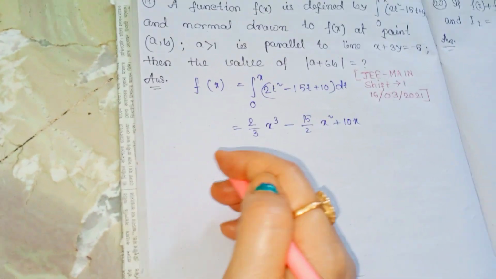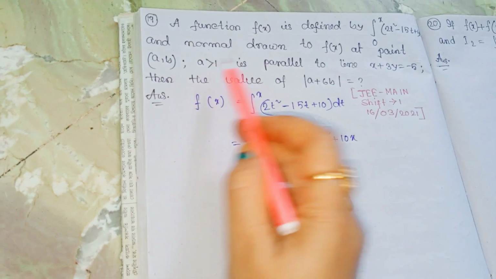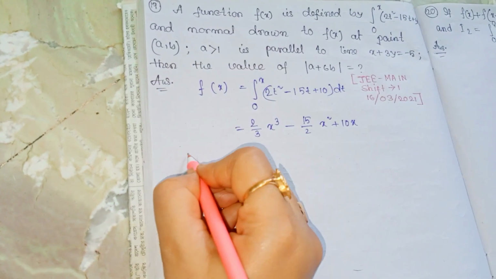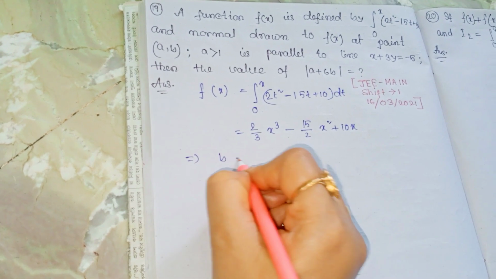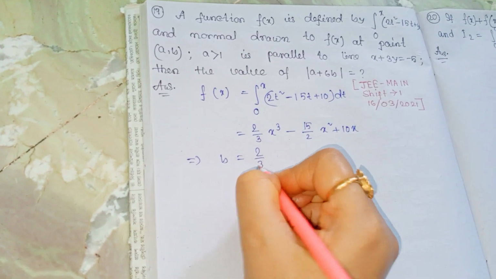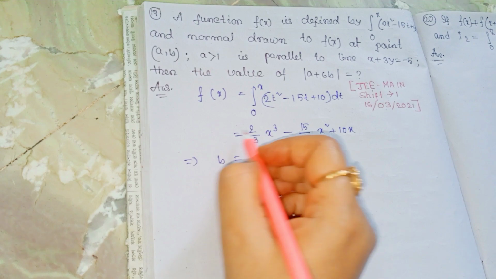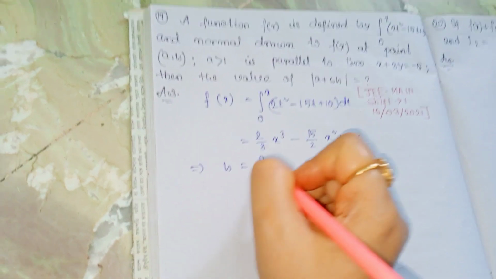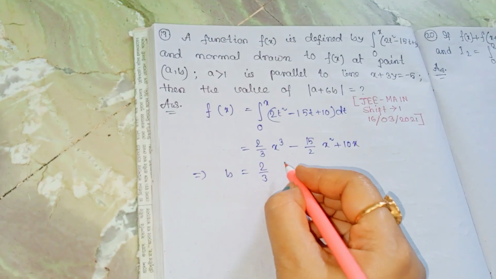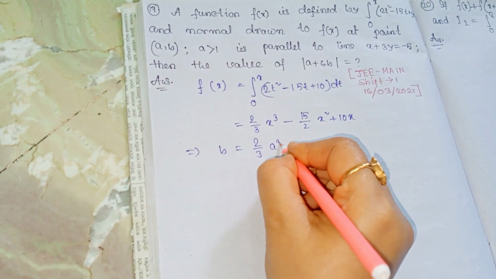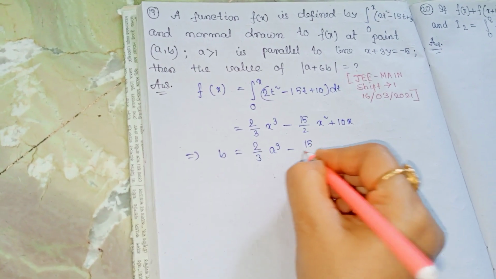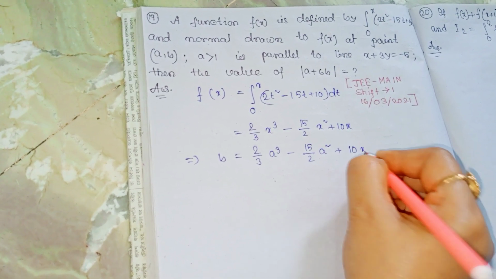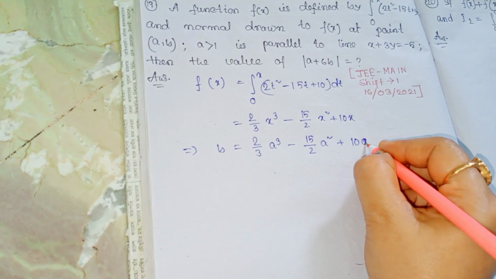So at the point (a, b), it satisfies y = f(x), therefore b = (2/3)a³ − (15/2)a² + 10a.